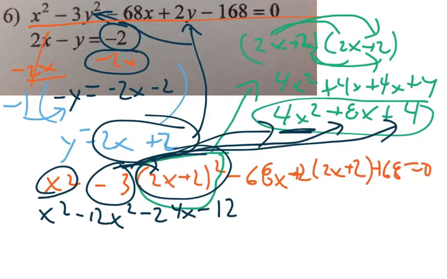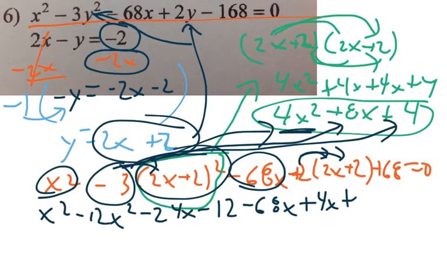Again, all I did was distribute that negative 3. We have right here a minus 68x. Let's distribute the 2 here. So I have a 4x, I have a 4. A plus 168 equal to 0. Hopefully I haven't made any silly mistakes.